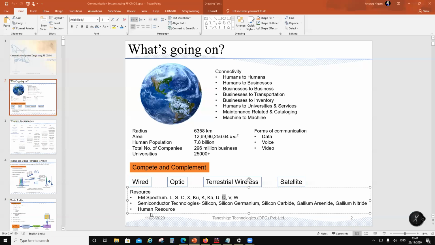Transceivers will be a separate group. Analog to digital conversion and digital to analog conversion will be a separate group. So different skill sets are required for different designs, and the system is made up of everything.